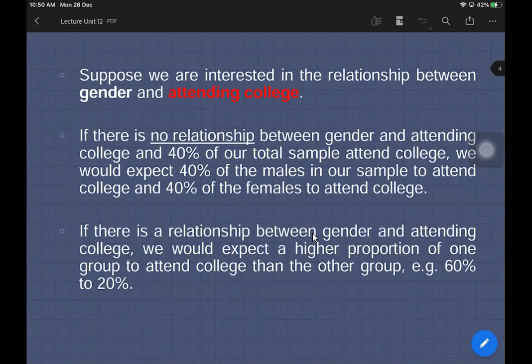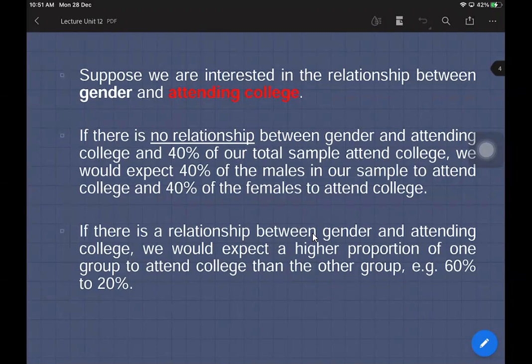The proportion is equal between the genders, so there will be no relationship. Gender is not affecting the entry to attend college.